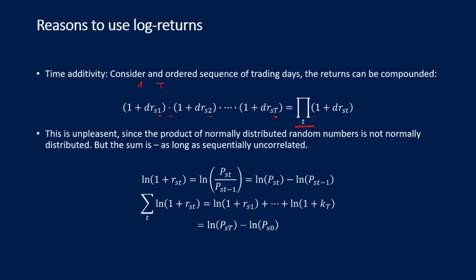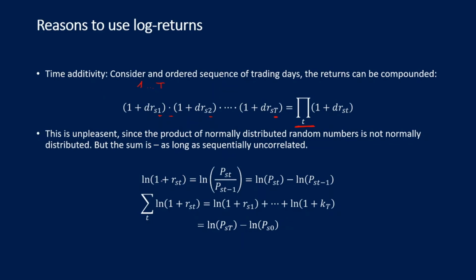So it would be very, very nice if we could add up returns. If those returns would be additive, it would be very positive for us to calculate with, as long as those returns are not sequentially uncorrelated. Okay, that's fine. So what does that mean?